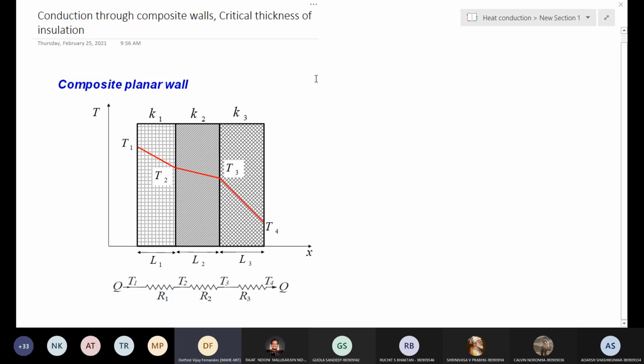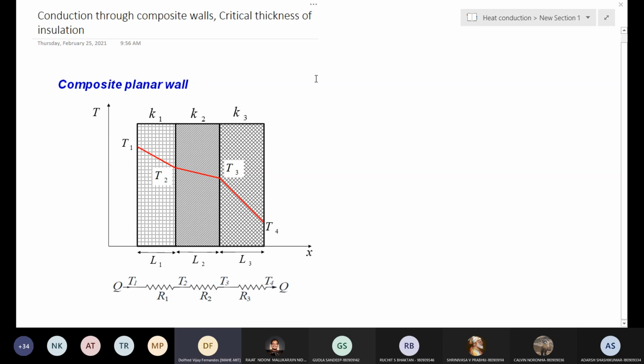For example, in a double pipe heat exchanger, the outer wall may be insulated with multiple layers. But there are so many other applications where we don't want heat losses, so then we will use this multi-layered insulation.